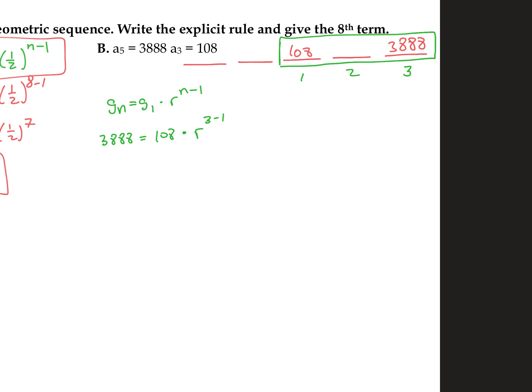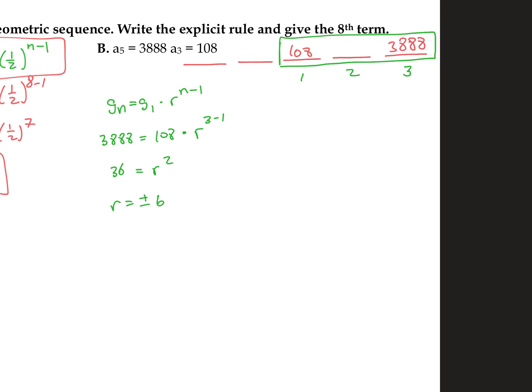So I can solve for R, my only variable left. If I take 3888 divided by 108, you get 36, equals R squared. So R here is equal to plus or minus the square root of 36, which is 6.